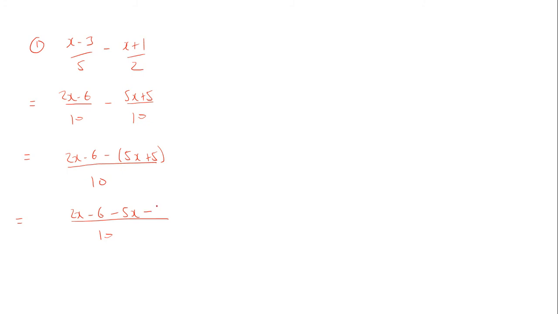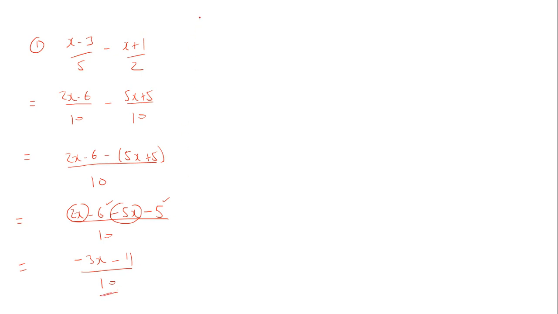So you're actually taking away that 5 as well. If you omit the bracket, you will lose this minus sign, and you'll lose marks, full stop. And then in terms of collecting the like terms, 2x minus 5x is negative 3x, and negative 6 take 5 is minus 11, all over 10. And that's that one done.